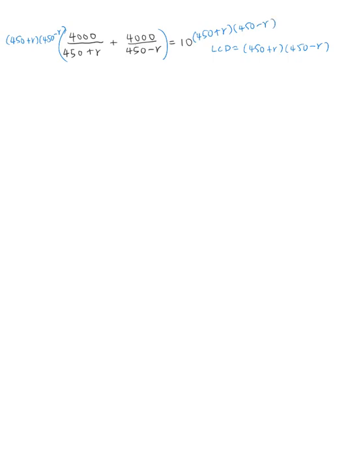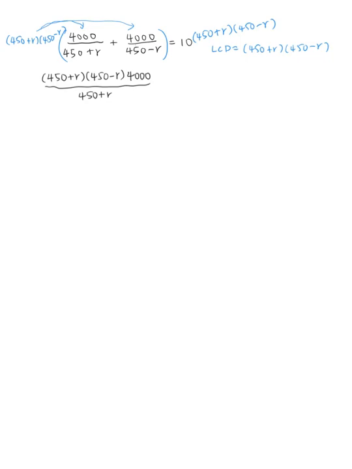Alright, now let's work it. What we're going to have to do next is distribute this nastiness to each term. Ready? We got this. So here what we're going to get is 450 plus r, 450 minus r, times 4,000, whole thing divided by 450 plus r.